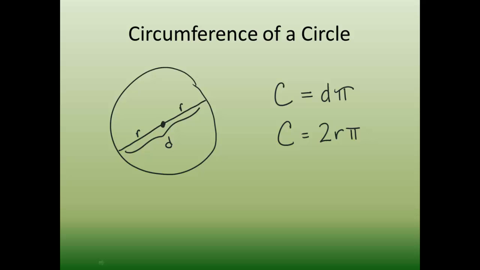And you may also have heard it said 2 pi r, and that's just because when we multiply, we can switch those around. So these are the formulas, which are really the same thing, because remember, diameter is the same thing as 2 radius, or 2 radii. So write those formulas down, and then let's try some examples together.